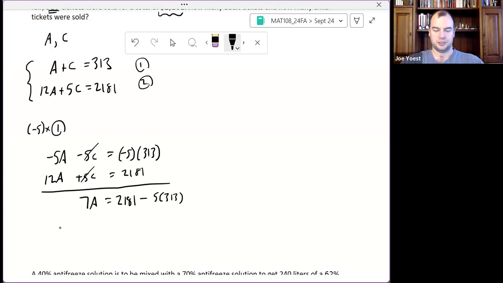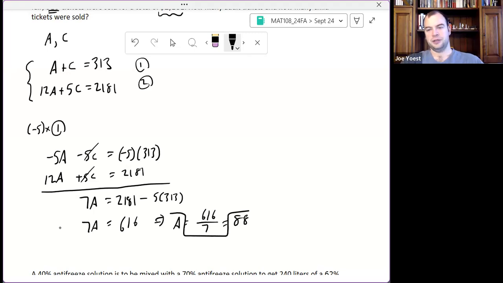And that gives me 616 equals 7A. And this tells me the number of adult tickets is 616 over 7, which is 88. So we sold 88 adult tickets.